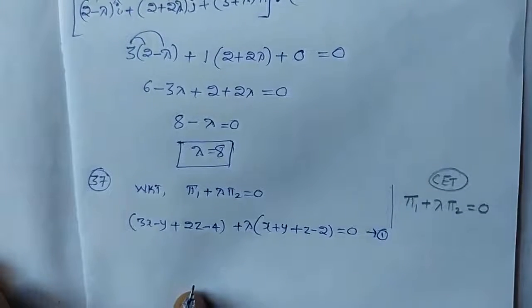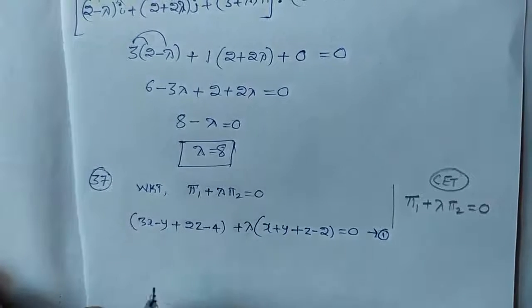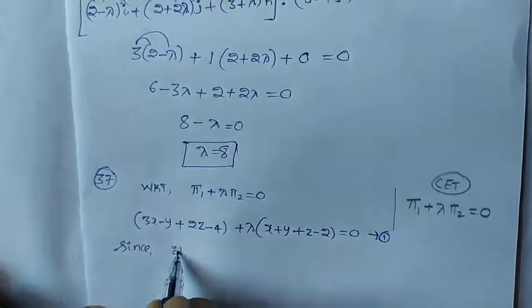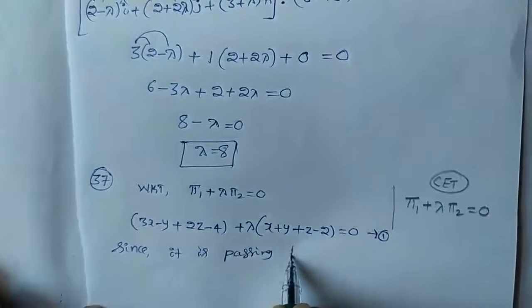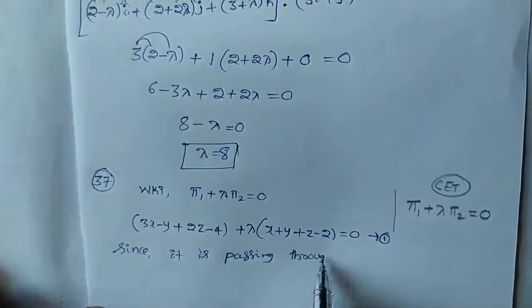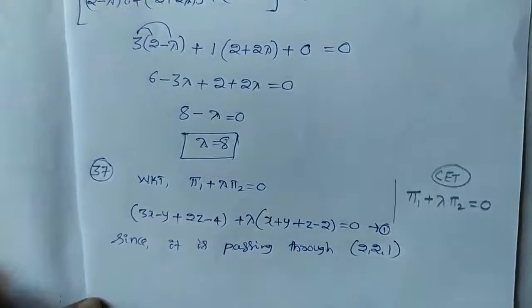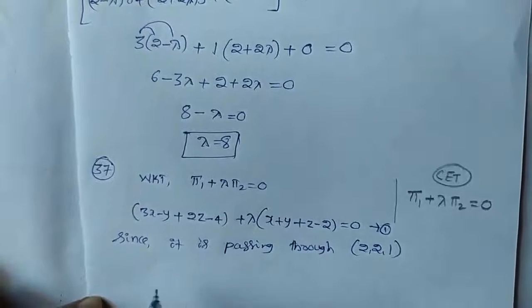Next, this is the equation of a plane passing through the point (2, 2, 1). Since it is passing through the point (2, 2, 1), substitute x, y, z in equation 1.